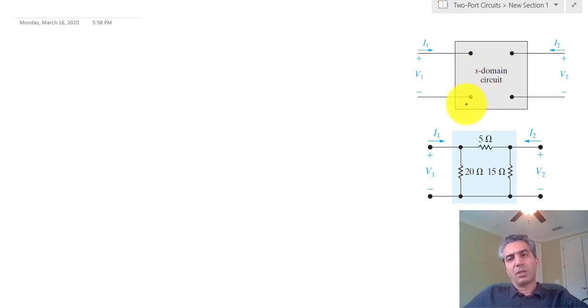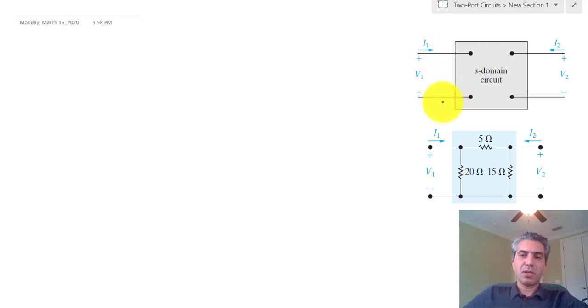Now, what is different in this new discussion is that in certain cases, and we have already seen some of that in this course, the circuit or the box that we put around the system is going to have more than one port, or more than two leads or terminals connected to it.